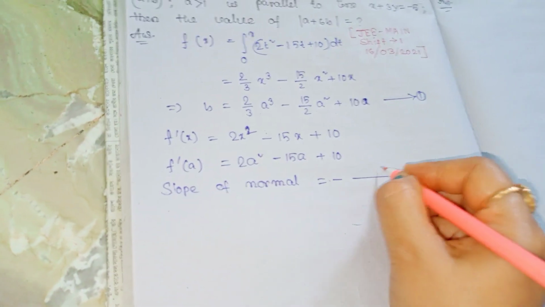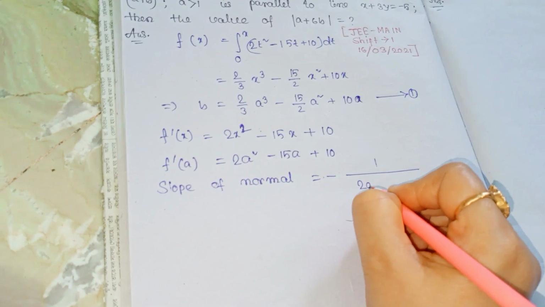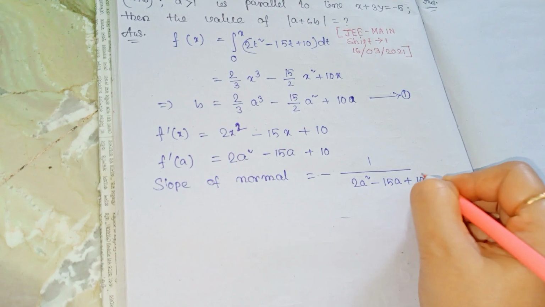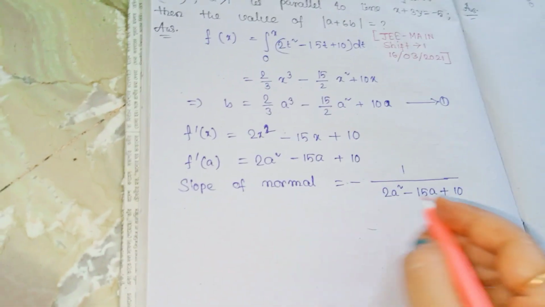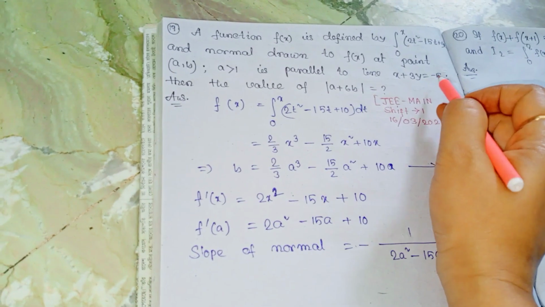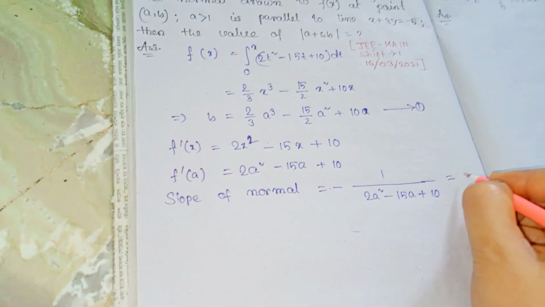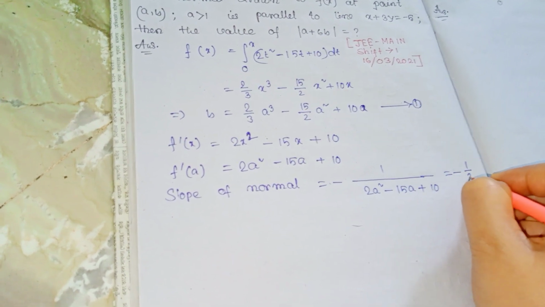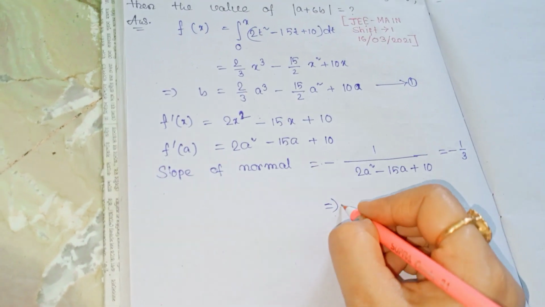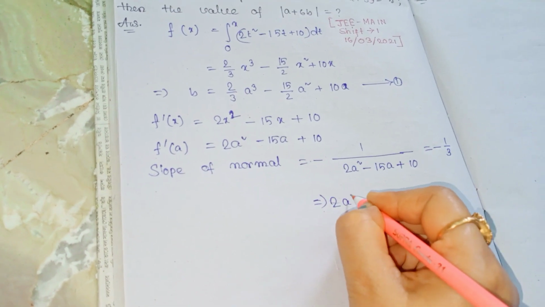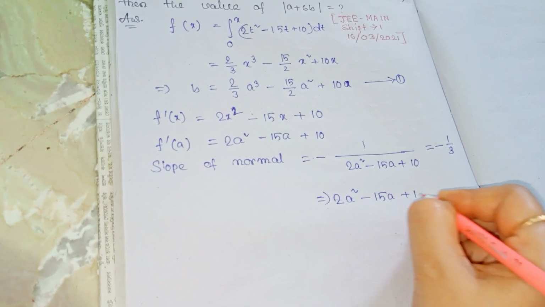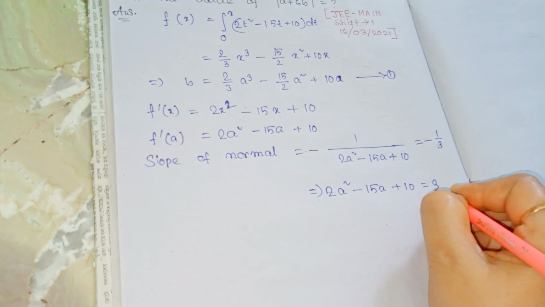Therefore we get 1 divided by (2a² − 15a + 10), with a negative sign. This is the slope of the normal, and it is equal to −1/3 from the given line. So calculating this, we get 2a² − 15a + 10 is equal to 3.